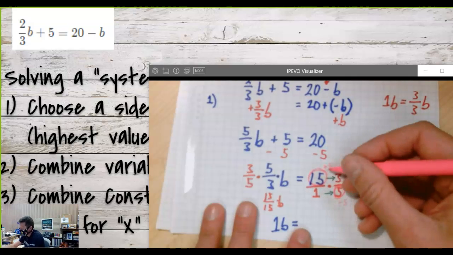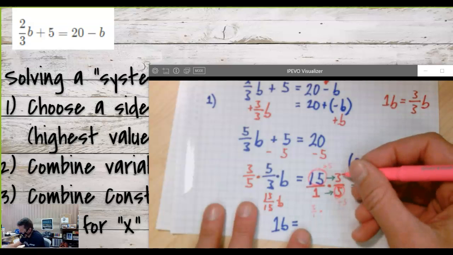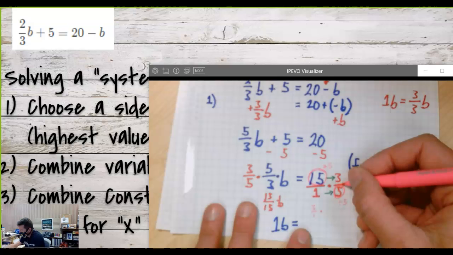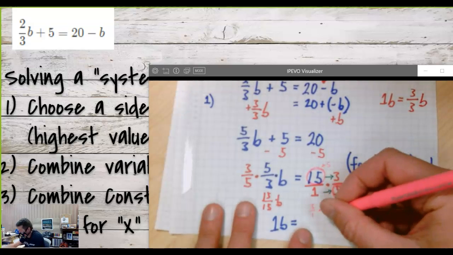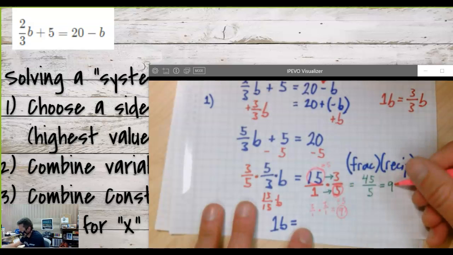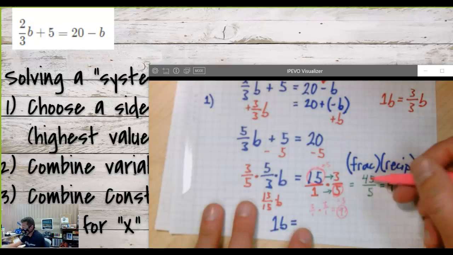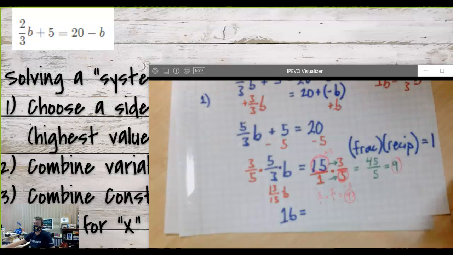Divide by 5. This would become 3 over 1 times 3 over 1. Oh, well, that's convenient. And we get the same answer that we got. So it doesn't matter if you cross-reduce. It is just a shortcut method that you can take.